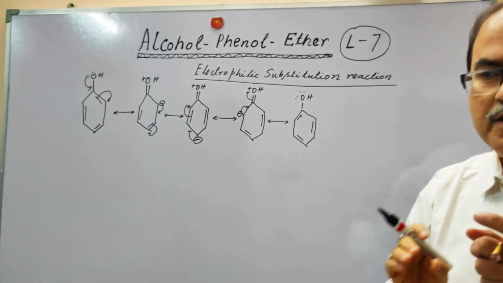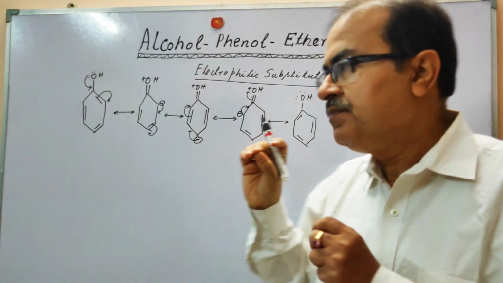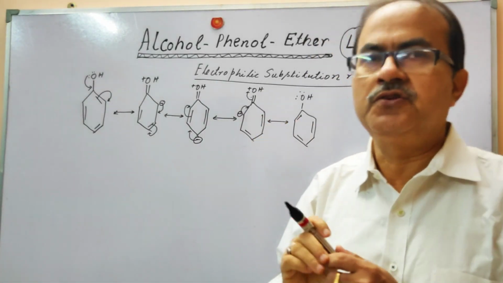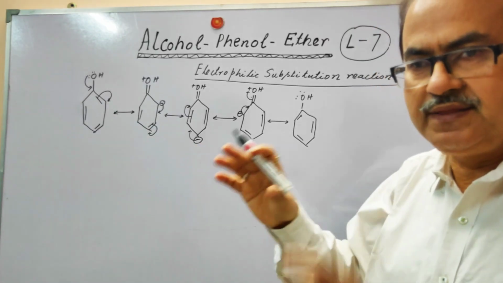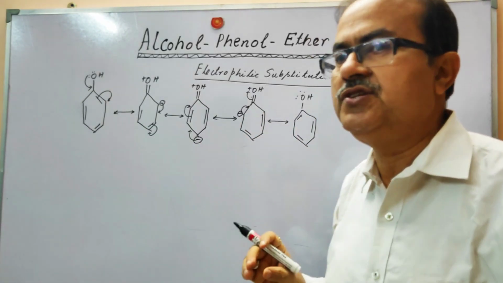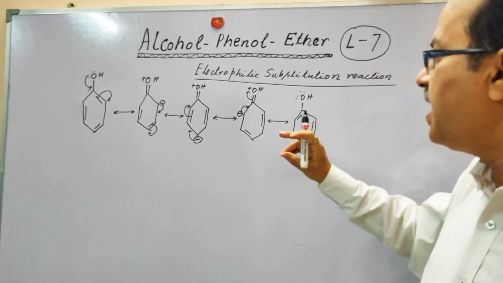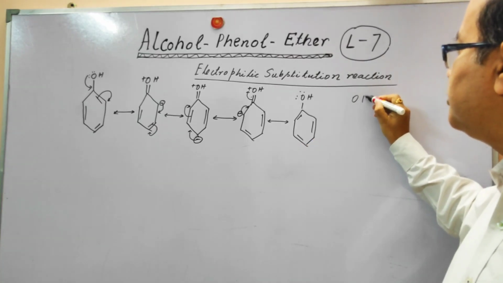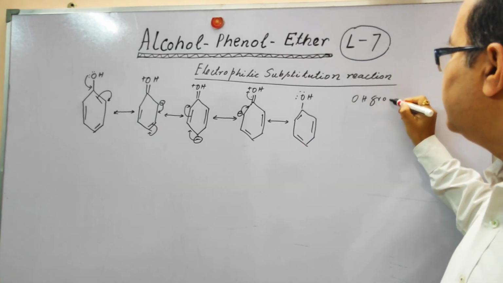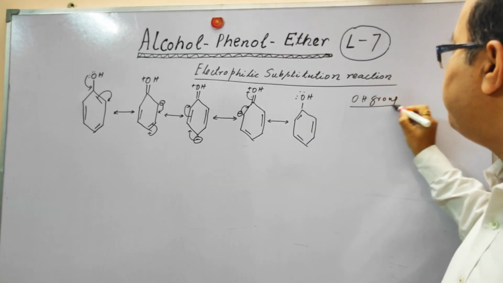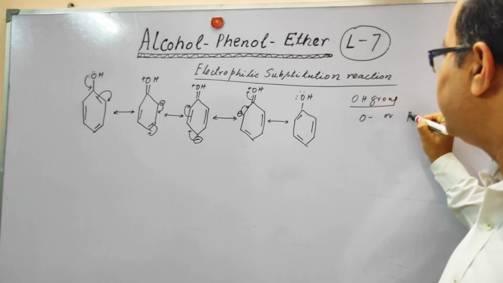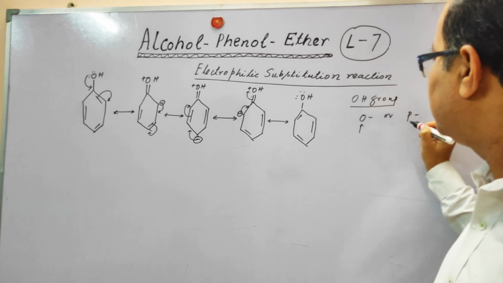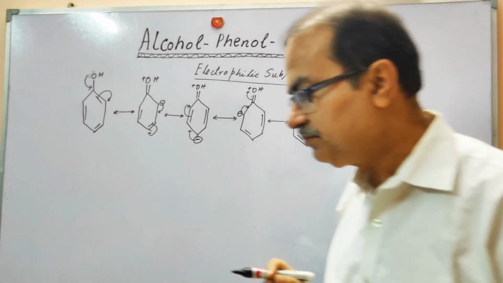So when an electrophile comes to attack this benzene ring, it will attach at the position where there is a higher electron density. That is why this OH group is ortho and para directing. O means ortho, P means para.